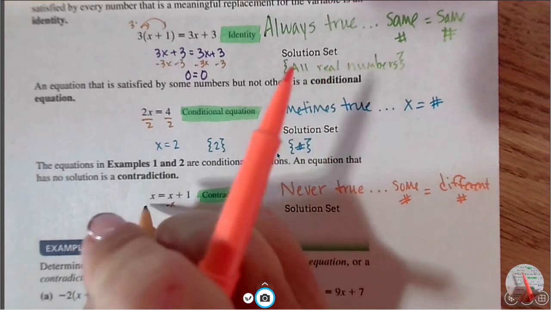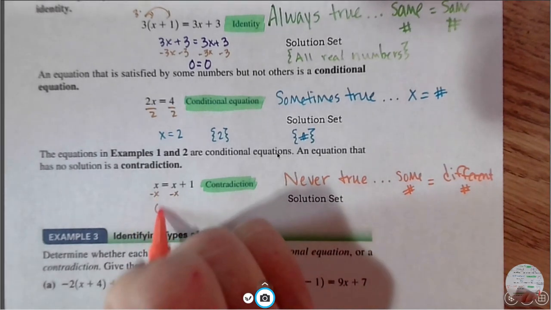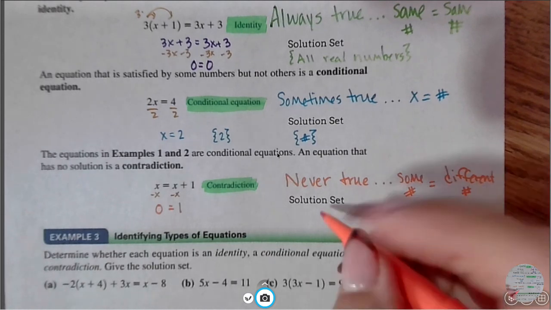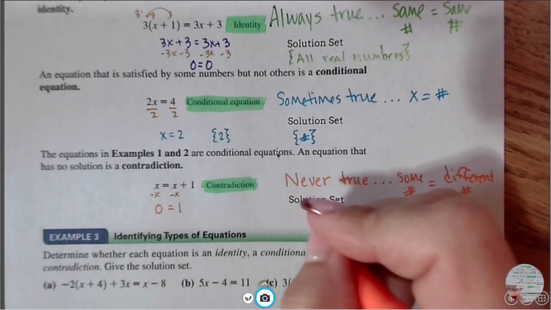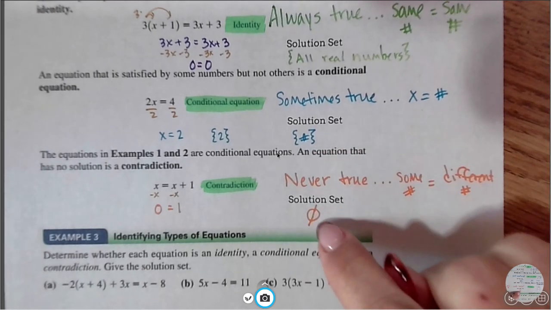When I subtract x from both sides to get all of the variables on one side and constants on the other, I end up with 0 on the left and 1 on the right, which we can see is not true. The solution set for a contradiction is the empty set. And remember that we don't put that empty set symbol inside the curly brackets, we just write it as empty set.